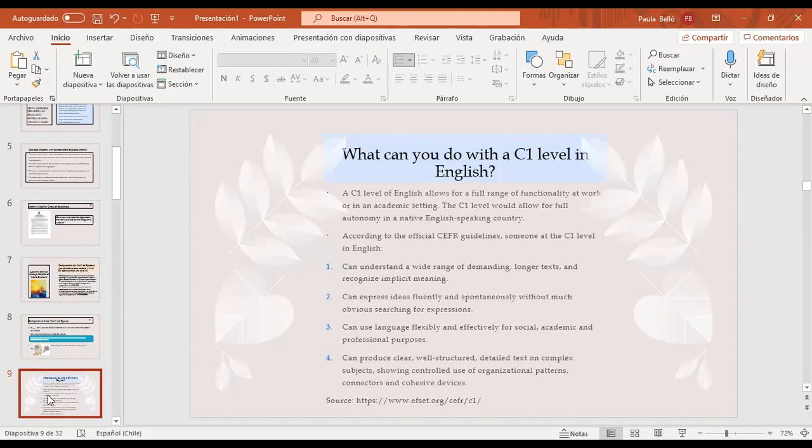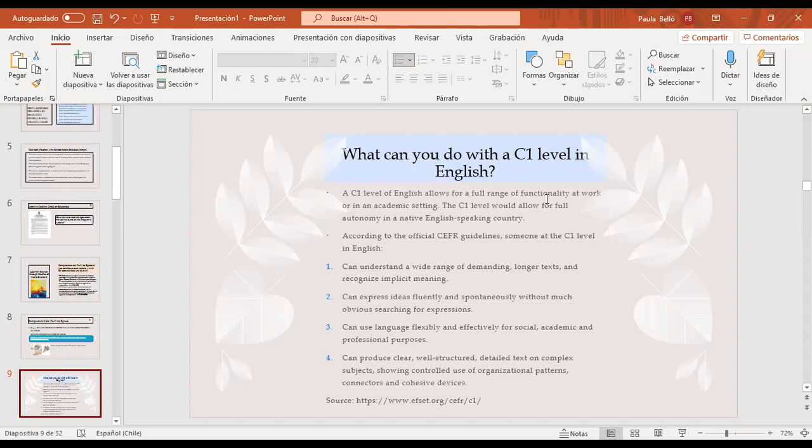Something very important. So, a C1 level in English allows for a full range of functionality. So you can function in different areas, in educational areas, work areas, academic settings. So the C1 level really opens a door to your future.